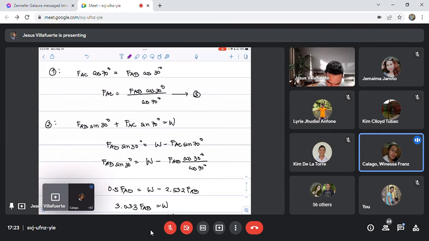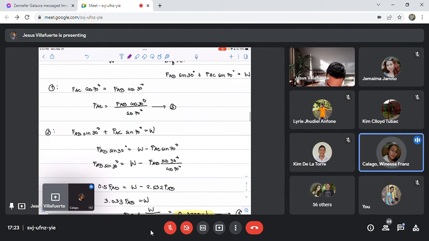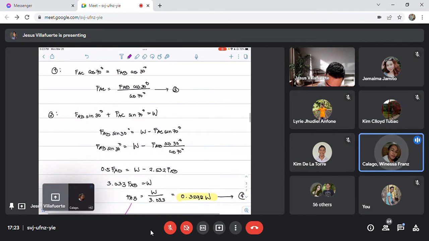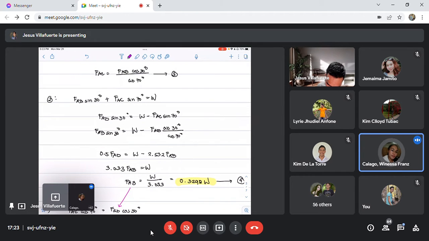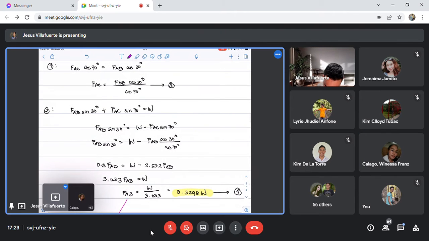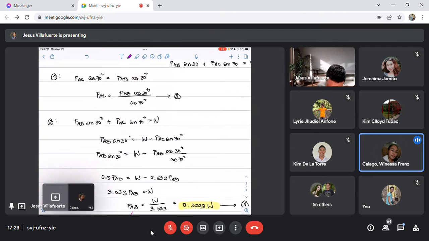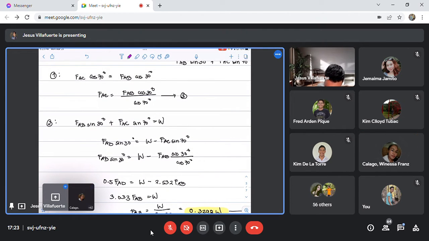FAB sin 30 is equal to W minus FAB cos 30 degrees, then cos 70, sir. I wonder why it changed to cos, sir. Where should the sin be, in the second line? Earlier FAB sin 30 is equal to W sin FAC?